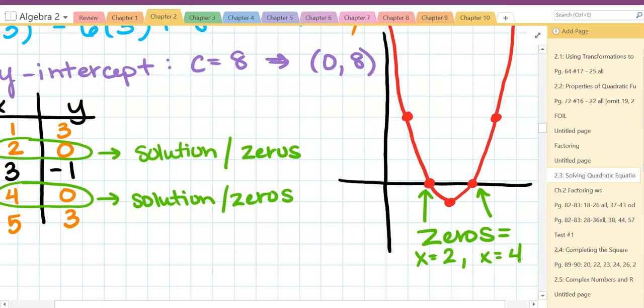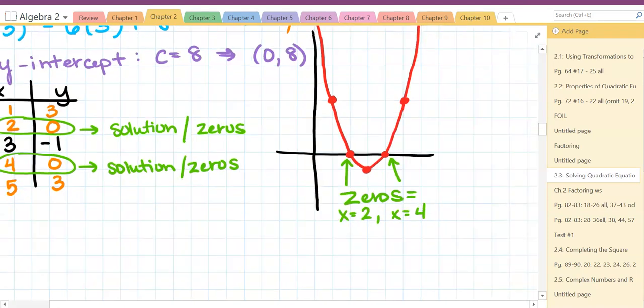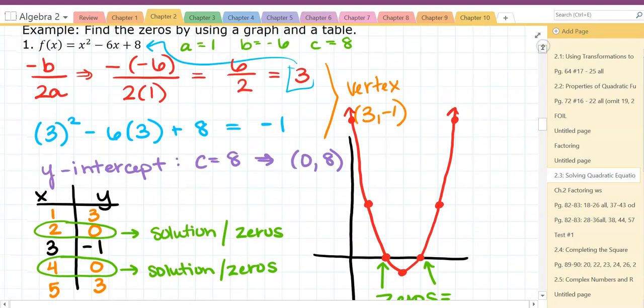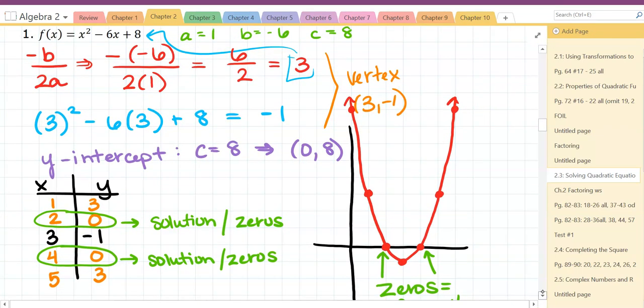So what I could have done to check this one would have probably been pretty easy for me to factor. If I go back up and look at the equation that they gave me, x squared minus 6x plus 8. If I wanted to factor that, two numbers that multiply to 8 and add to -6 would be -4 and -2. So I would do x minus 4, x minus 2 in my parentheses.